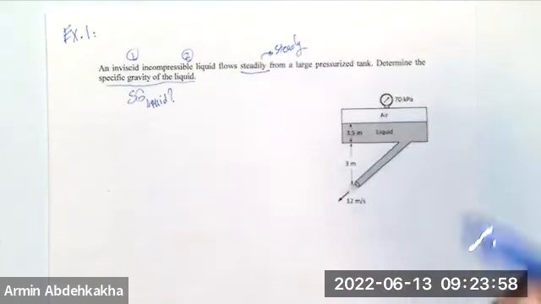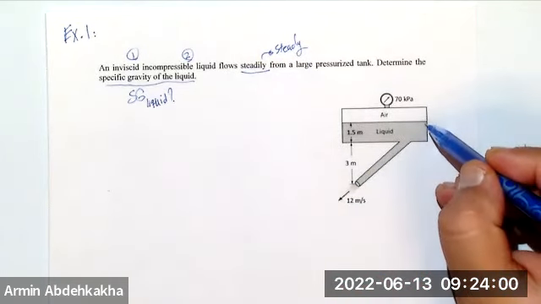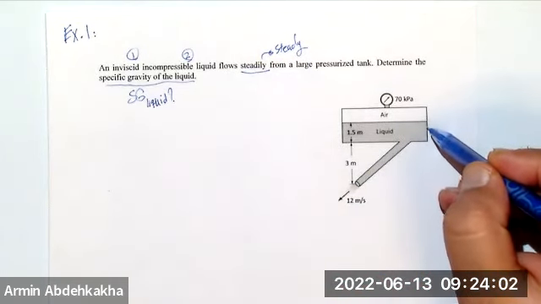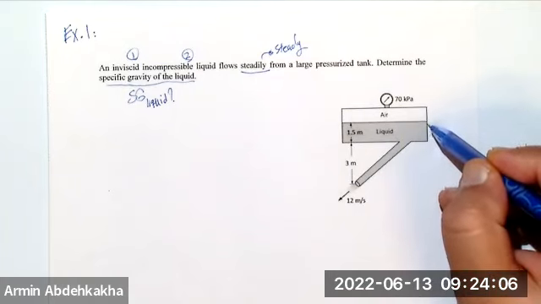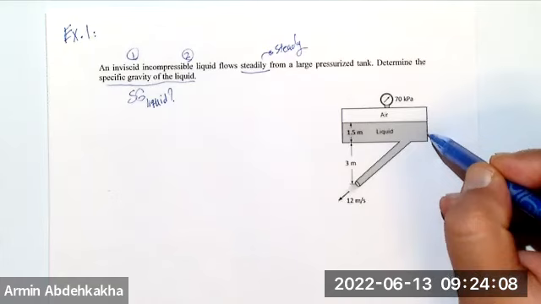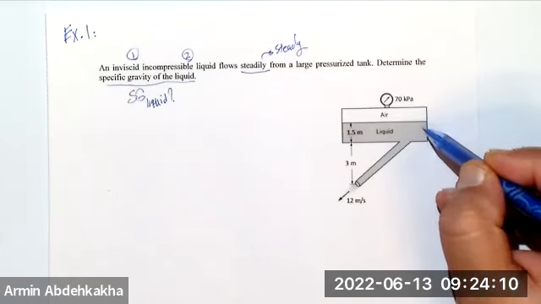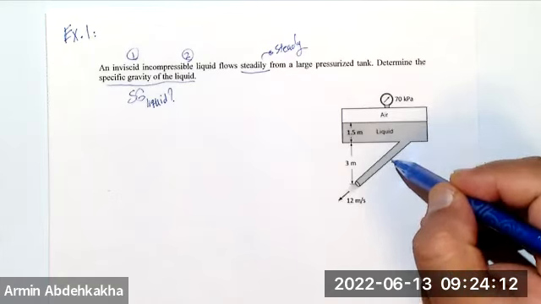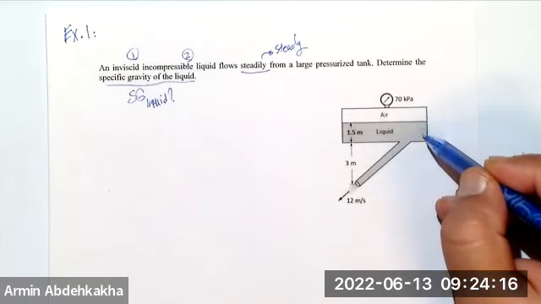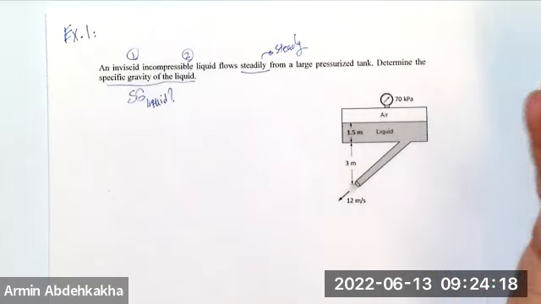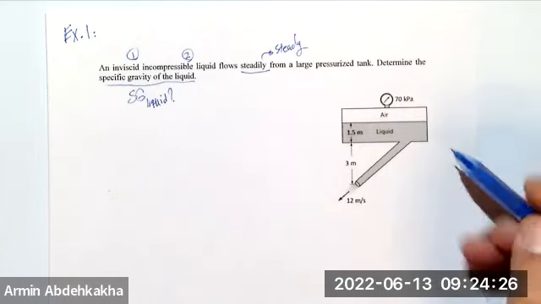What else does it give? When you have a huge tank here and a huge amount of liquid here, then in the time that you are talking about, this flow is steady, right? Steady means that if you freeze the time and take a picture, and then after some time let it pass and freeze it and take another picture, these two should be similar.